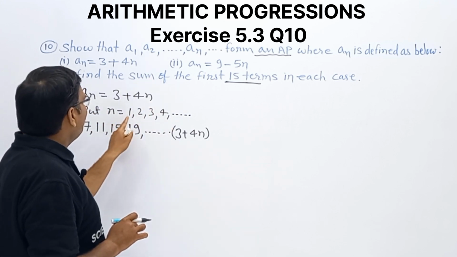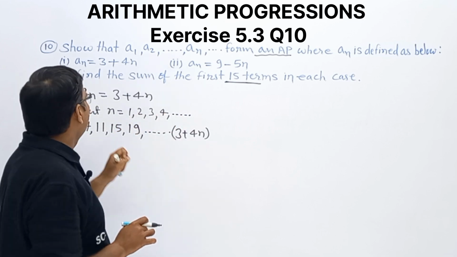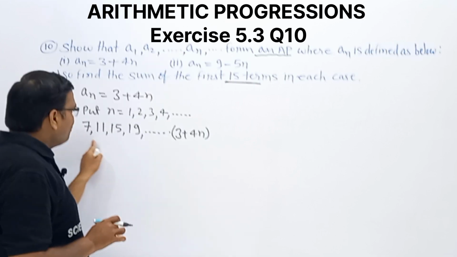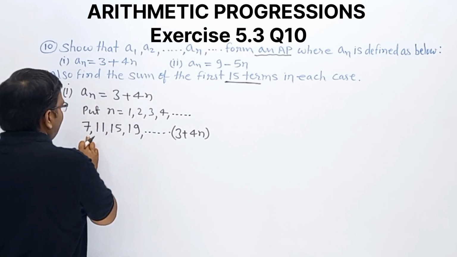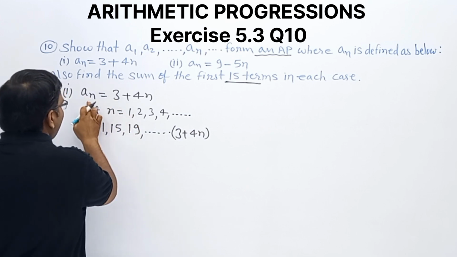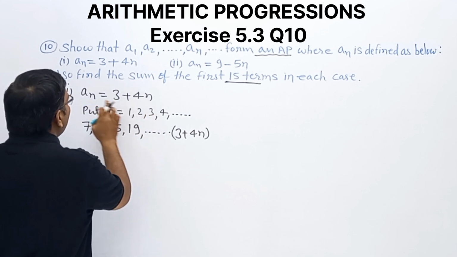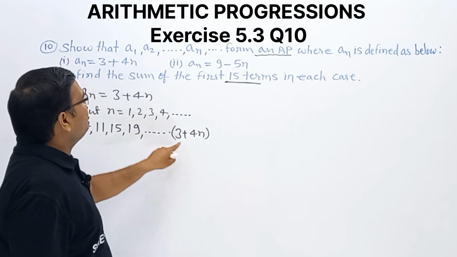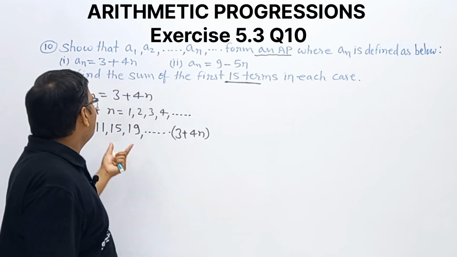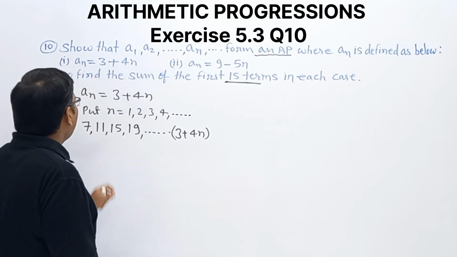Put the values of n as 1, 2, 3, 4 and so on, then we get one AP. N equal to 1 gives A1, n equal to 2 gives A2, n equal to 3 gives A3, n equal to 4 gives A4 and so on. This is an AP. Is this an AP or not?